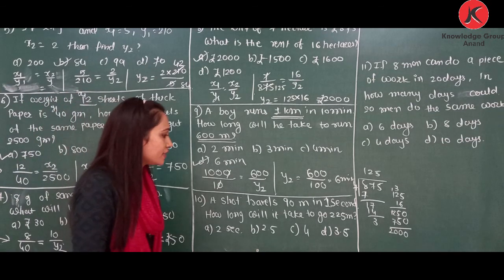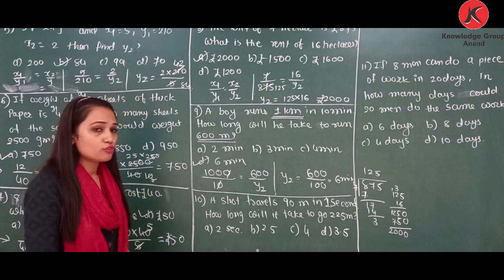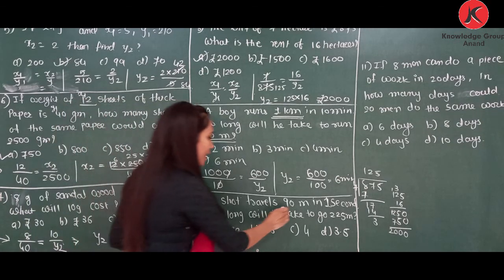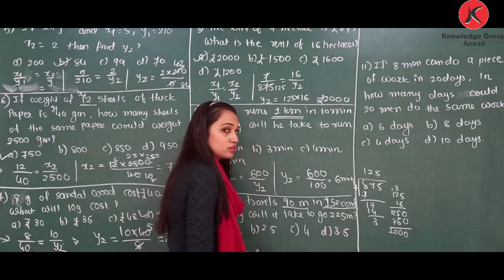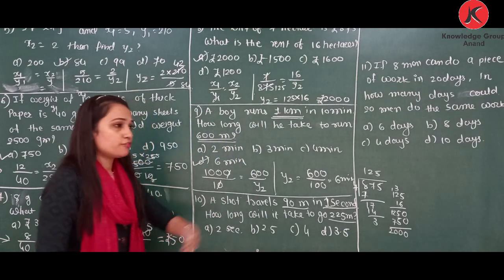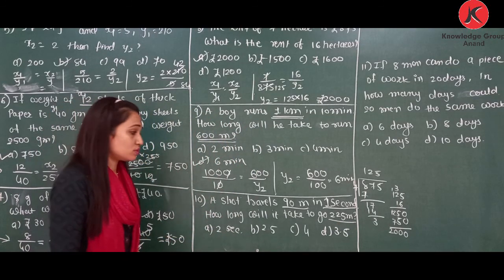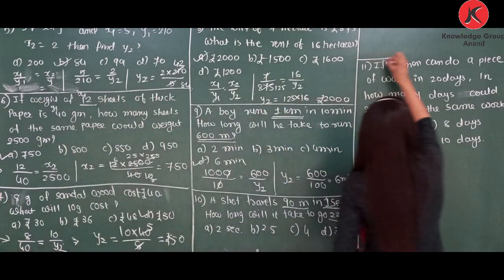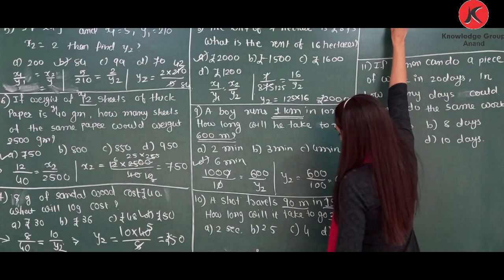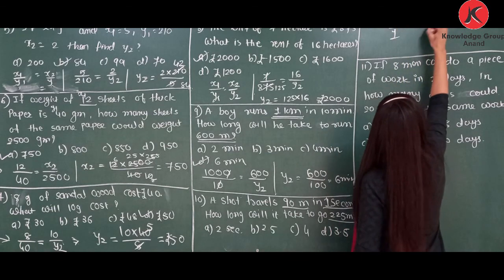A shot travels 90 meters in 1 second. How long will it take to go 225 meters? In 90 meter, time is 1 second. So for 225, what is the time? So if distance is increasing, time is also increasing. So that's why we can write it is in a direct proportion. So 90 divided by 1 is equal to 225 divided by y2.